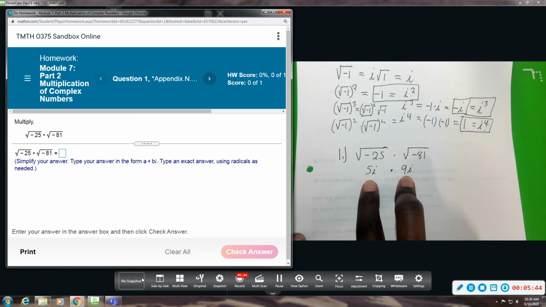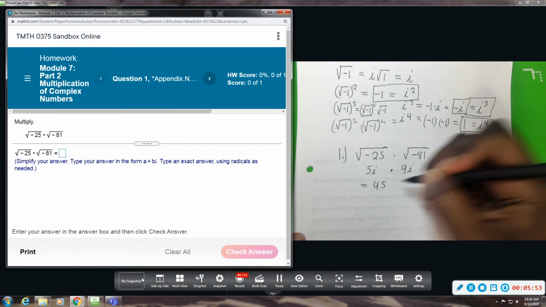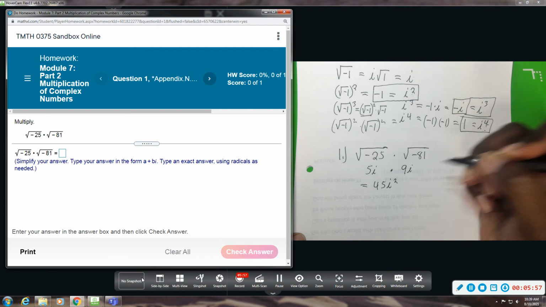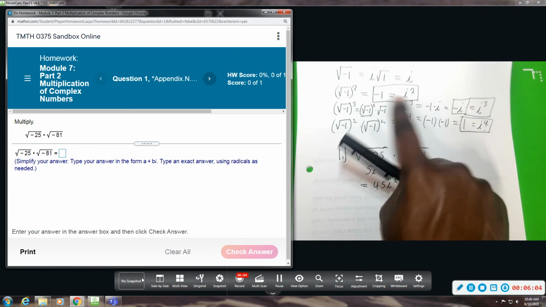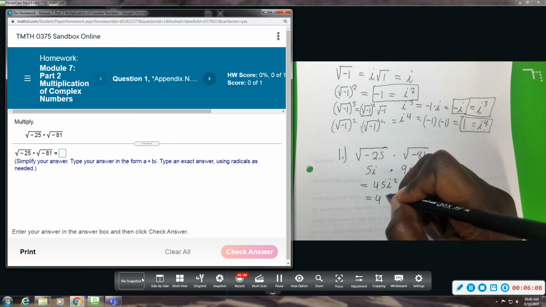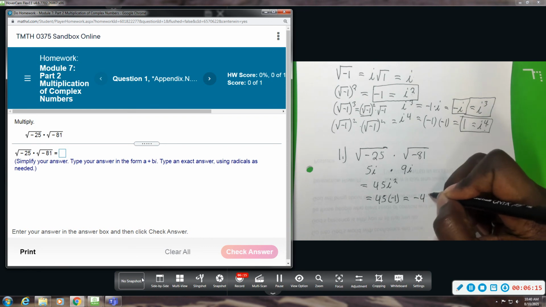The way you multiply these is you do number times number and variable times variable. So 5 times 9 will give us 45, and then i times i will give us i squared. All right, now we got to go back. What does i squared mean? What is the interpretation of i squared? Well, i squared is equal to -1. So we're going to rewrite this as 45 times -1, which will give us a -45.